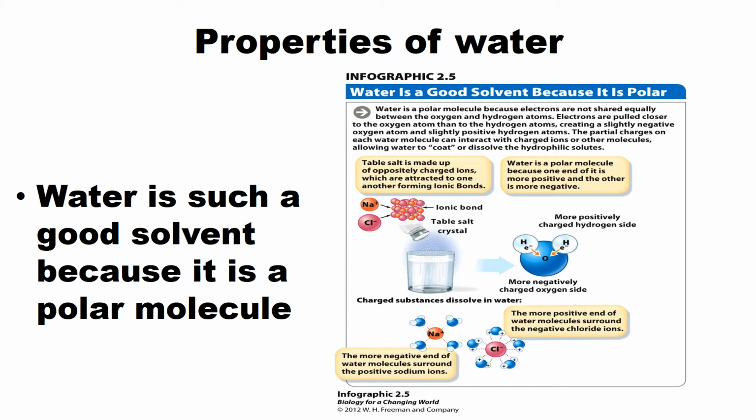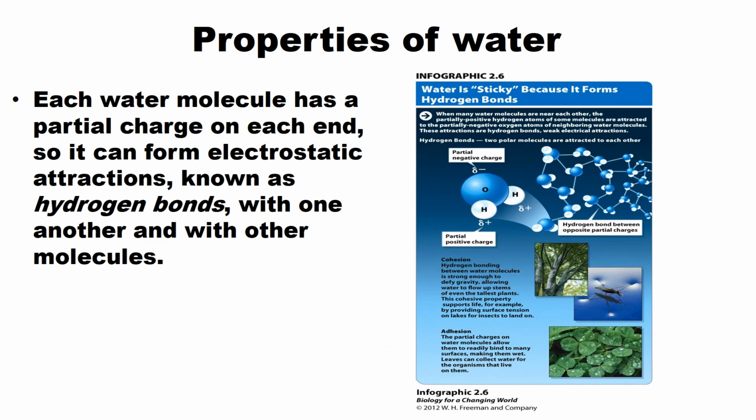However, if you put oil in a glass of water, you're going to see two phases. Fats do not dissolve in water because fats are made out of a bunch of carbon to carbon bonds, and carbon is a neutral element, so it doesn't have a charge.